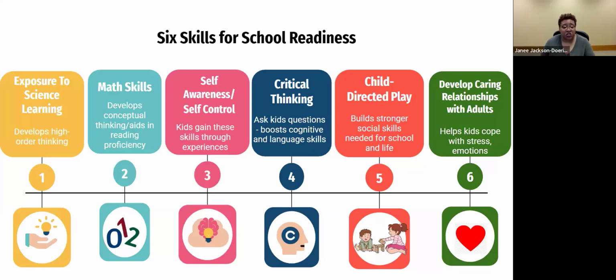Building those relationships with kids, asking them questions, just being a part of their lives and building that rapport with families and with kids. You are helping kids cope with stress and emotions and teaching them how to process those emotions just by having a positive, caring rapport with them.